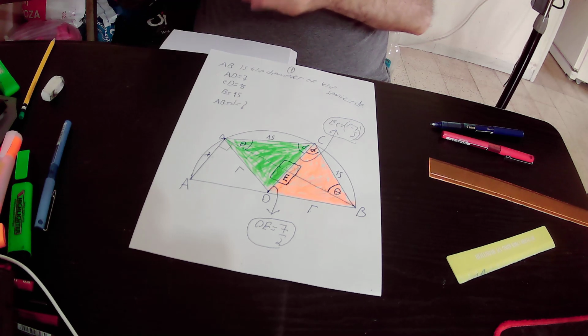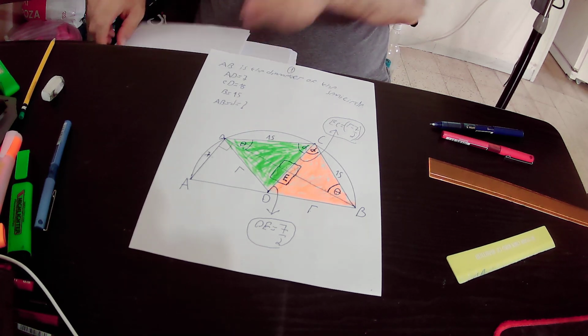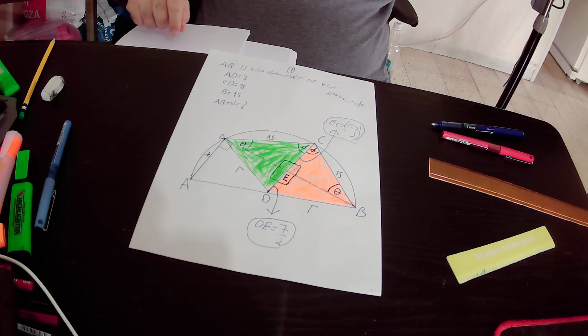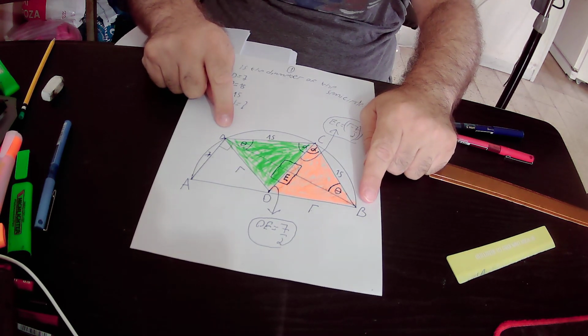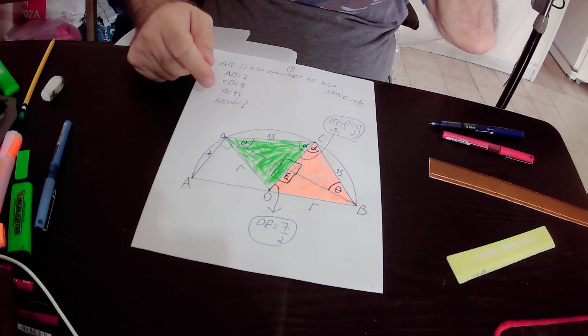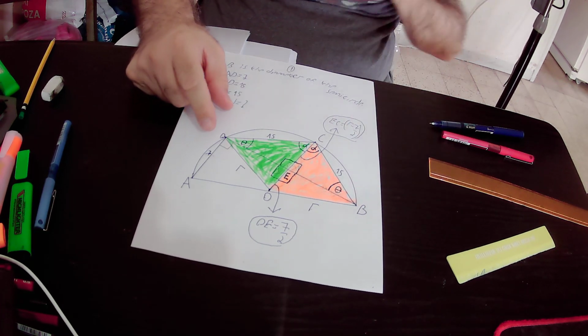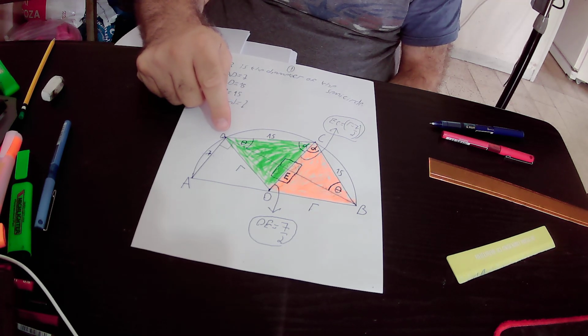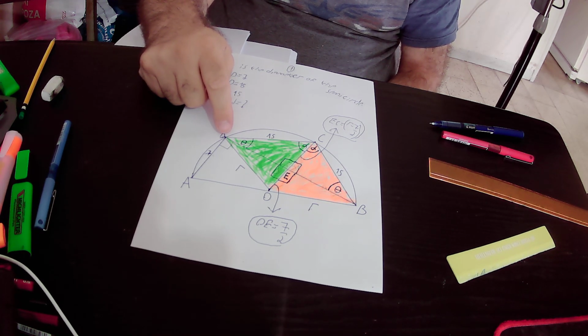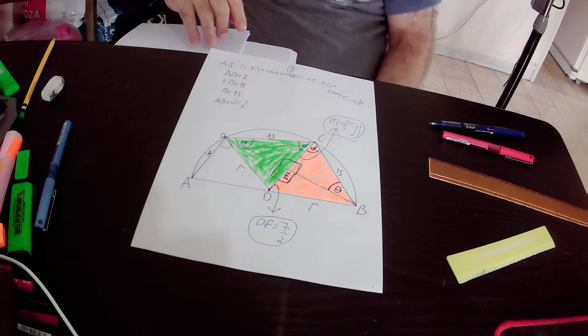So in the first step we made a construction. We joined together points D and B by a straight line, and actually a peripheral angle was created. The peripheral angle ADB was created, and according to rule number 1, the size of angle ADB is 90 degrees. It is a right angle.